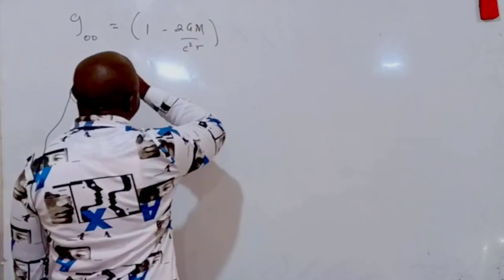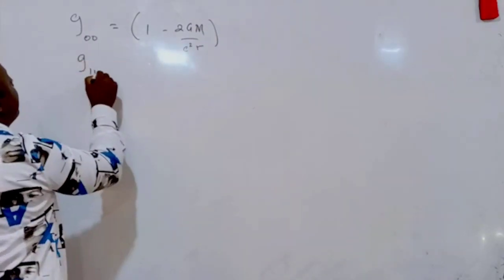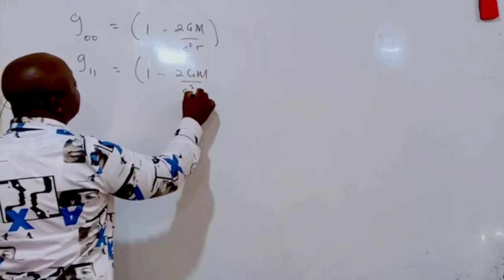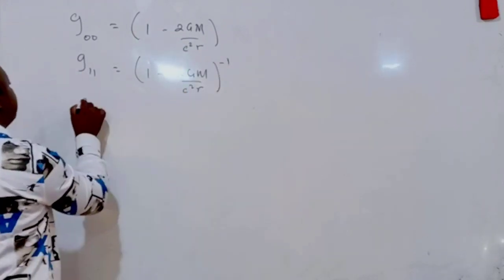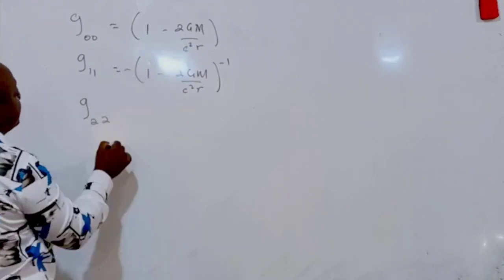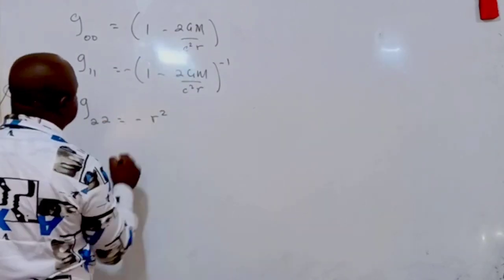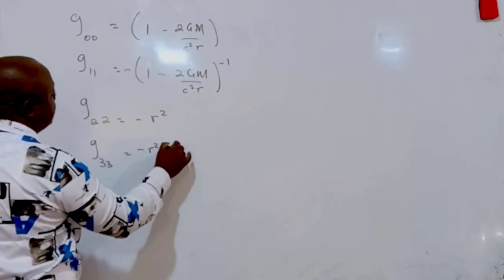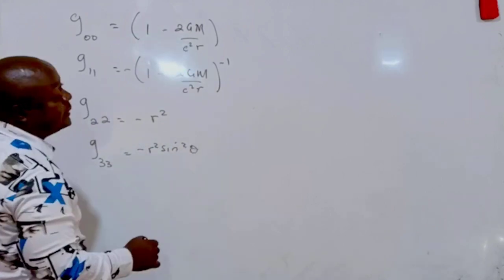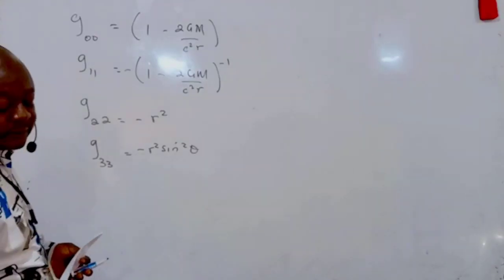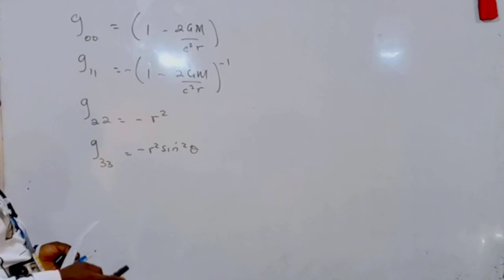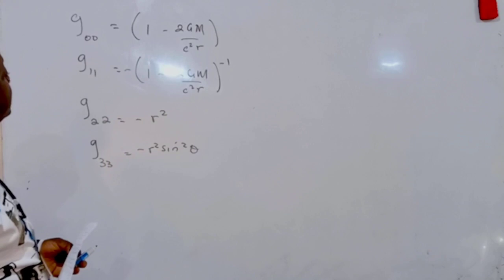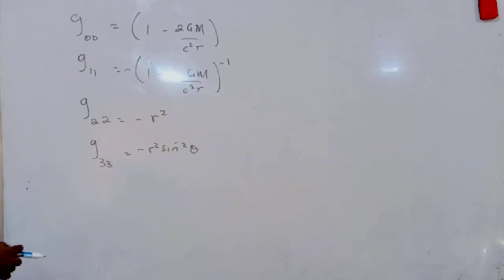And then we had G11 as 1 minus 2GM over c squared r to the power minus 1, G22 is minus r squared, and our G33 is minus r squared sine squared theta. Am I correct? Okay, that's what we said.